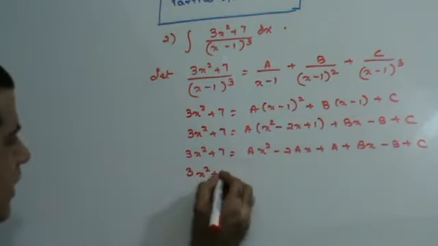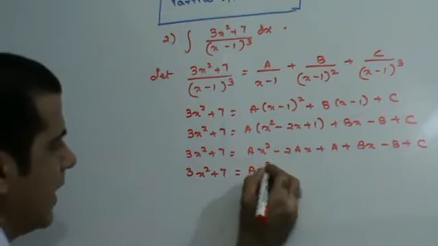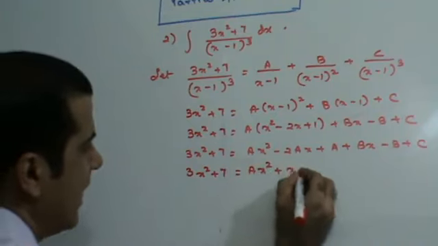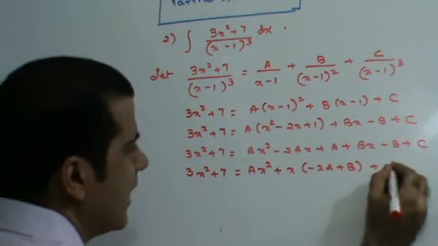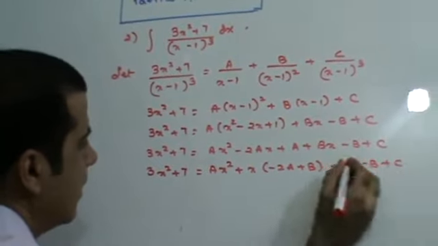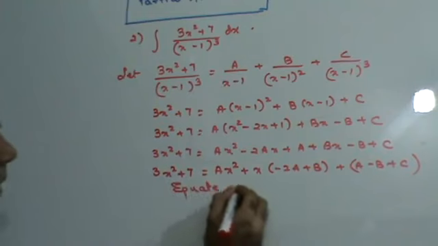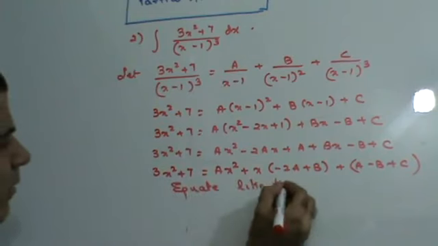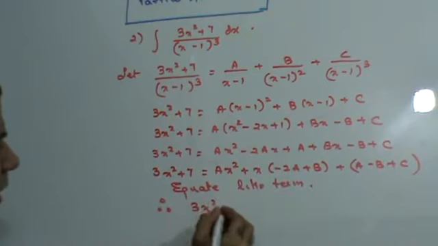3x square plus 7 is equal to, get like terms together, Ax square plus x (minus 2A plus B) plus (A minus B plus C). All like terms are together. Equate like terms. If I equate like terms, I will get therefore 3x square is equal to Ax square.